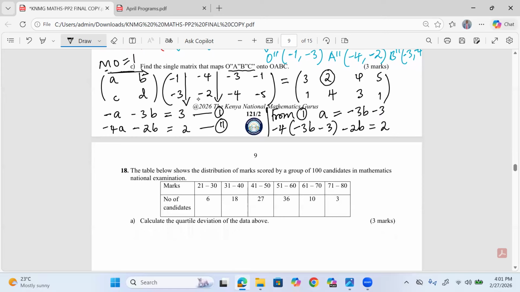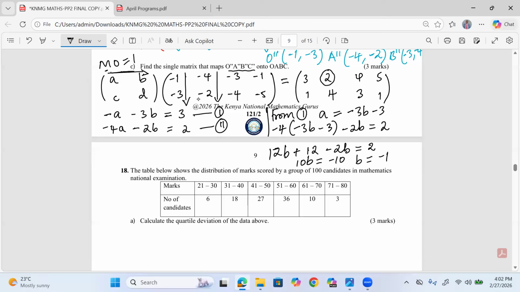So with this, we can find the value of B. This will be positive 12B, then positive 12, then minus 2B equals 2. When we group terms together, this will be 10B. This will be negative 10. So that the value of B equals negative 1 when you divide through by 10.